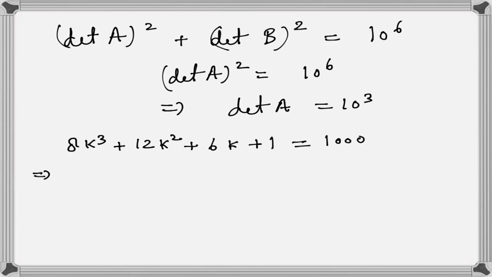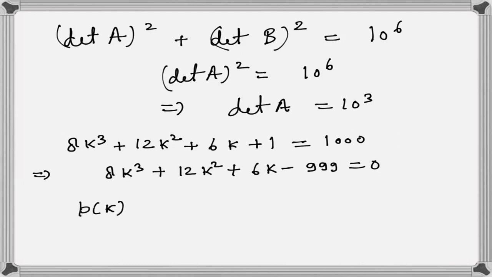So this implies 8k cube plus 12k square plus 6k minus 999 is equal to 0. So basically we need to find the root of this, which may be a little hard to find. So let's denote the left hand side by P(k). P(k) is equal to 8k cube plus 12k square plus 6k minus 999.